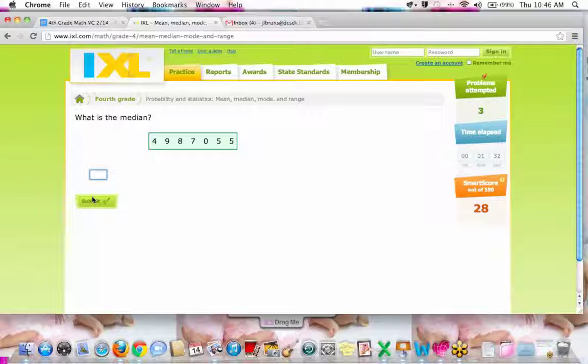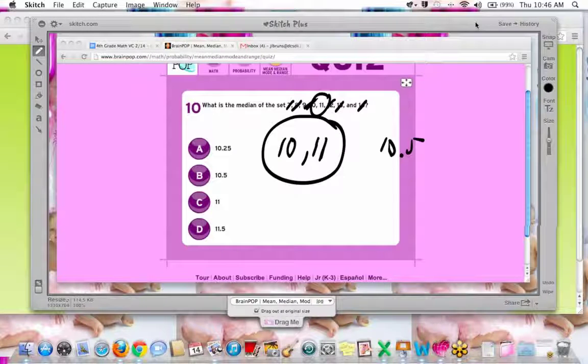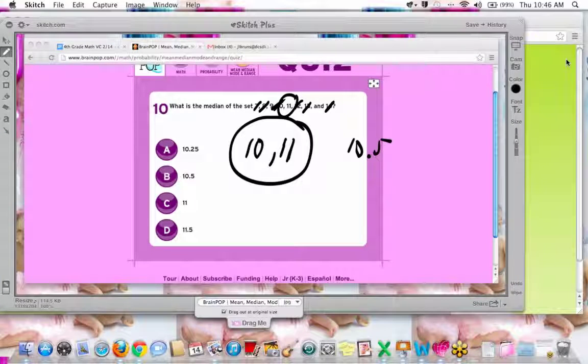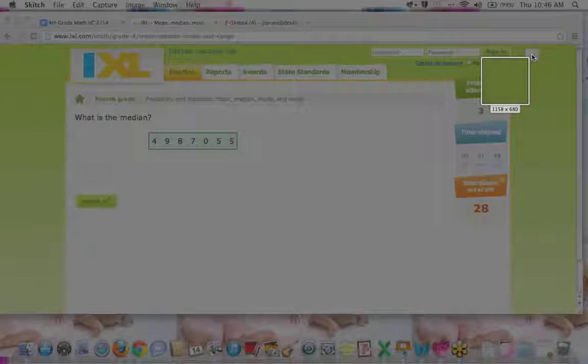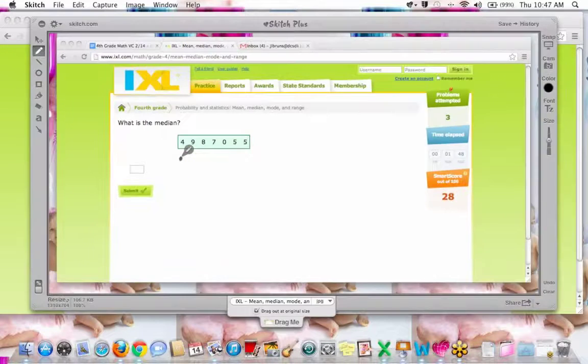Okay, all right. Now we have one of those median problems. Hold on just a second. I'm going to wipe this clean and take a picture of this one. Okay, so notice they gave us this set of numbers again that is not in order.